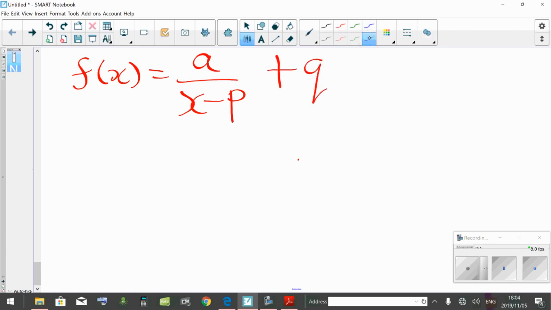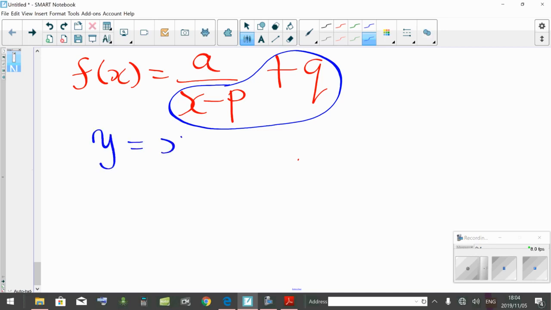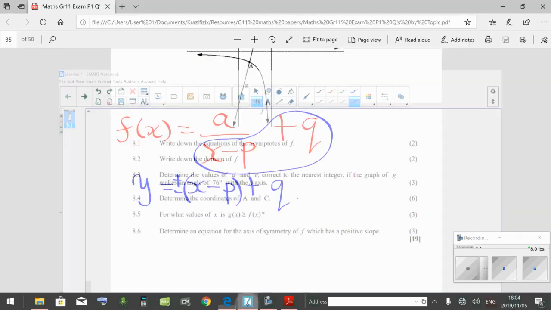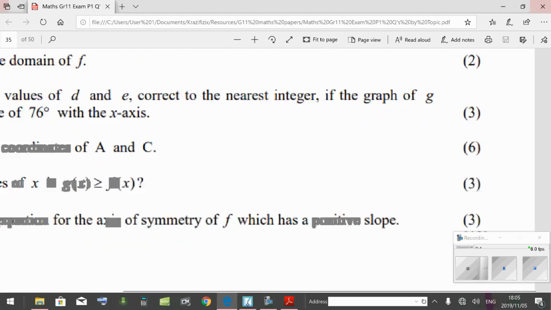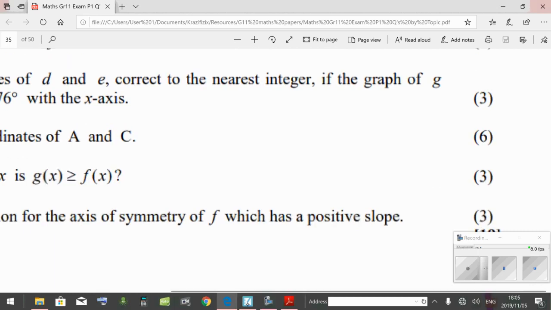The equations of the axis of symmetry actually come from this part here. Just copy that as it is and write y is equal to x minus p plus q. We're going to have two equations of the axis of symmetry, so you're going to do that, plus or minus. One of the equations has a positive slope, the other a negative slope. In this particular question, they want an equation which has a positive slope.